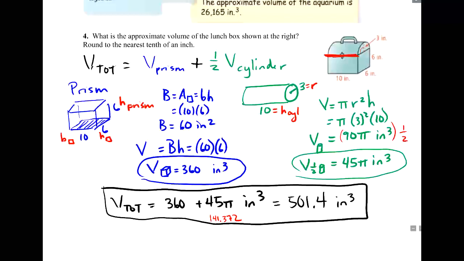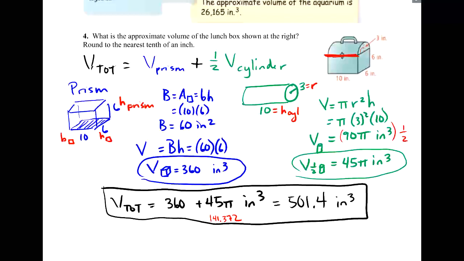And then if we want a decimal, which we're asked for, we put it into our calculator. This comes out to be a nice decimal there, and we get 501.4 inches cubed. So both of these answers say exactly the same thing. This one is in terms of pi, and this one is rounded to the nearest tenth.